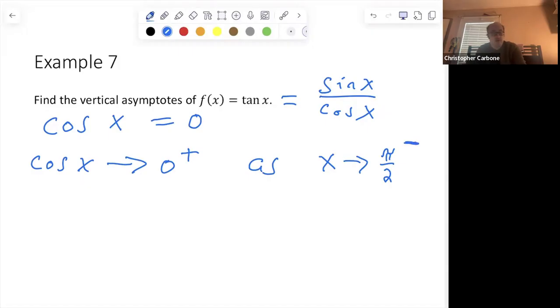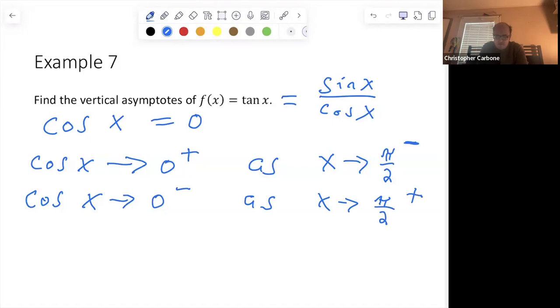Why is that the case? That's because as we approach pi halves, we do get a value of 0 for cosine. Likewise, the cosine of x approaches 0 from the right as x approaches pi halves now from the left. So due to that unit circle, which I could quickly just draw on here just so we can see that, we approach 0 as we have the values of x approaching pi halves on the left or the right.